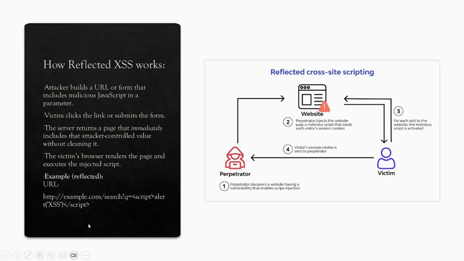You will see an alert pop up with this XSS written in it. So this is the attacker. He injects, and it's straight up reflected back to him ASAP. It's reflected back, and the victim visits the site or clicks on it, and the attacker's code runs in his browser.